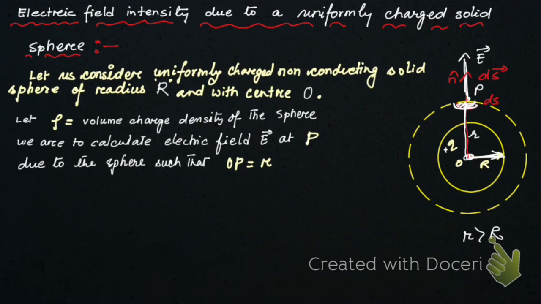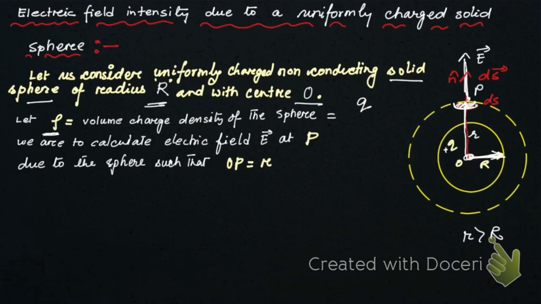So here I have written what we have considered. Here you see, we have considered a solid sphere of radius capital R with center O, and rho is the volume charge density of the sphere. That means rho is equal to the charge per unit volume.